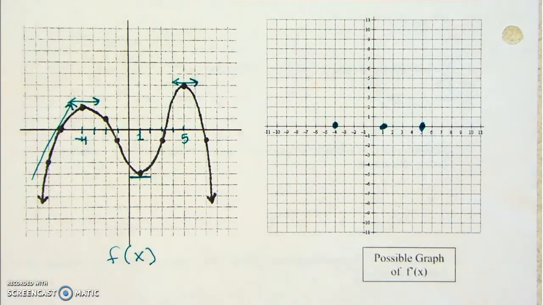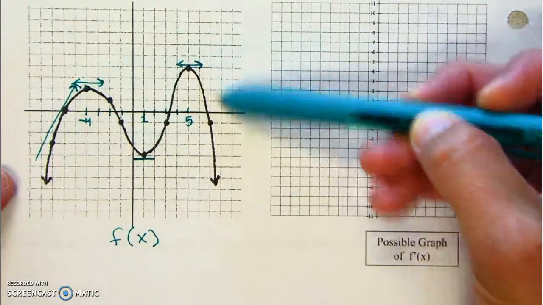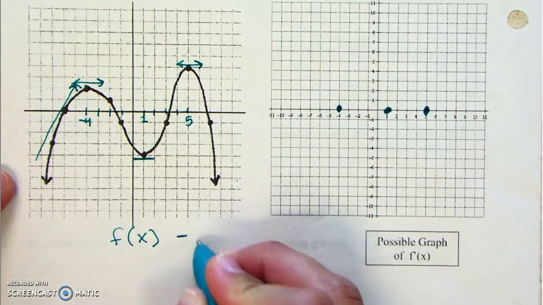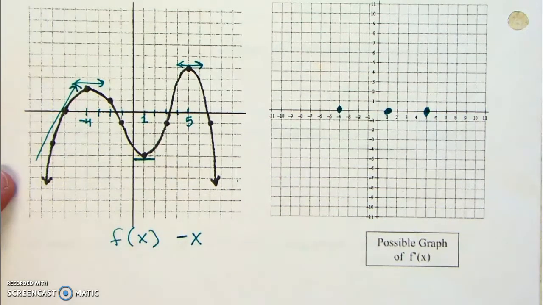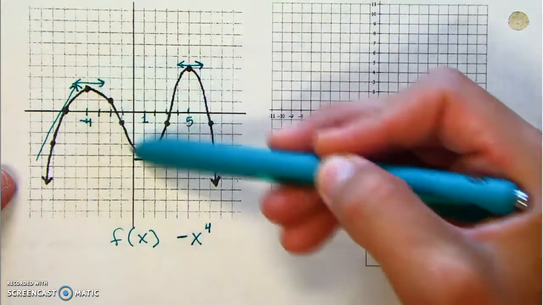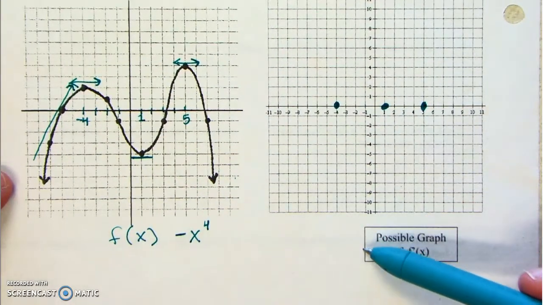Okay. Here's something else we know. You ready? We also know that because this looks like the letter M, it's going down, that it is a negative x to what power? To the 4th power, because we have 1, 2, 3, 4. So if we know that, then we know the derivative.